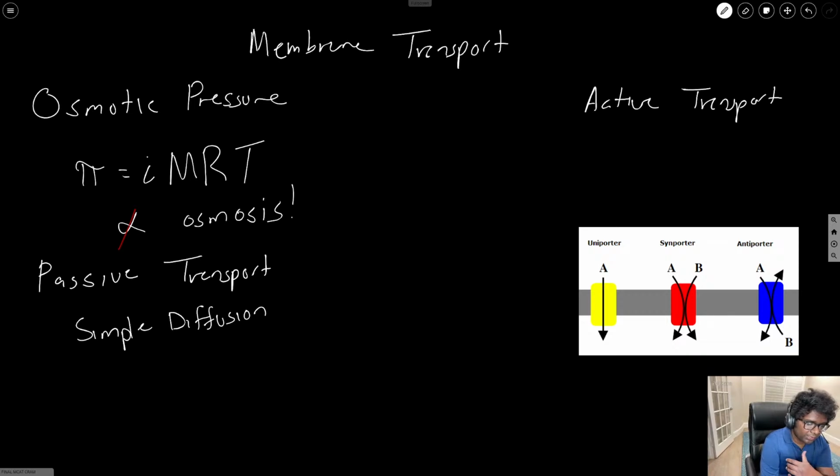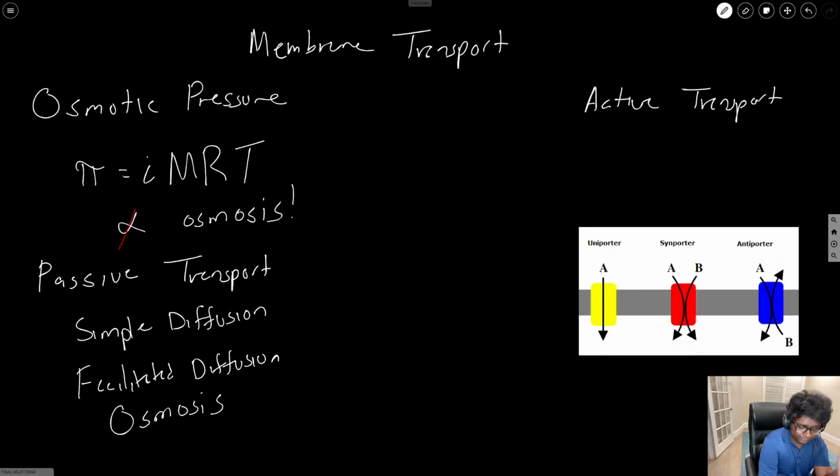Simple diffusion doesn't need a transporter. It basically just goes down the concentration gradient, high to low. Facilitated diffusion uses a membrane transporter that'll help you move molecules across cell membranes. And osmosis: in every situation on the MCAT, know that osmosis is related to water.